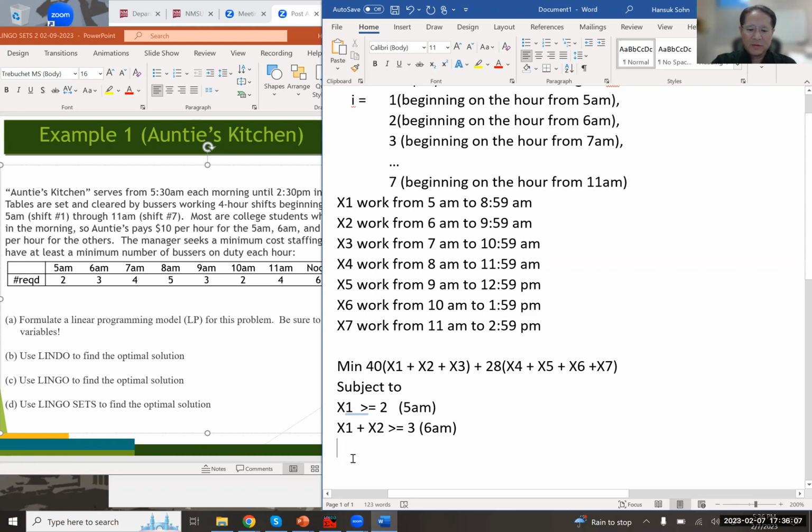So all these people, X1 plus X2 plus X3, the number of people working at 7 a.m., has to be at least 4, based on the given information. This is for 7 a.m.